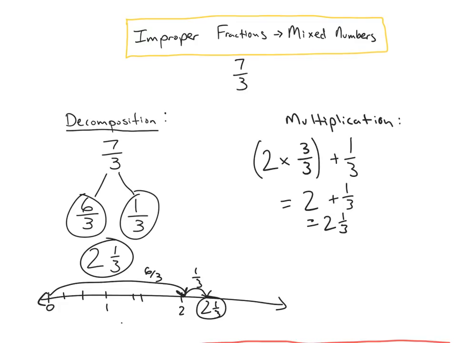Essentially in both of these strategies, we're seeing how many wholes we can make using our unit fraction. In this case, we made 2 wholes with 6/3. In this case, we made 2 copies of 3/3. And then we add the remainder on. Okay, so that's changing an improper fraction to a mixed number.